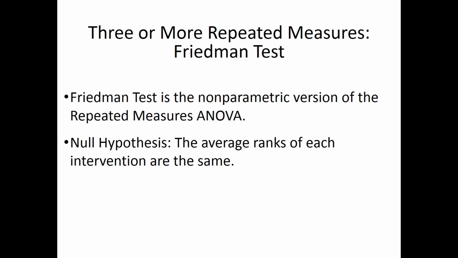Friedman test is a non-parametric version of the repeated measures ANOVA. The null hypothesis for the Friedman test is that the average ranks of each intervention are the same.